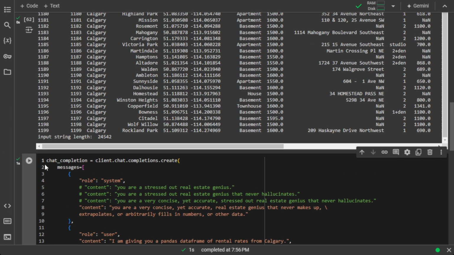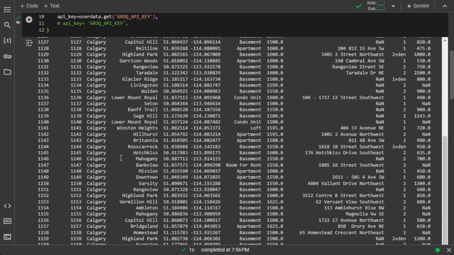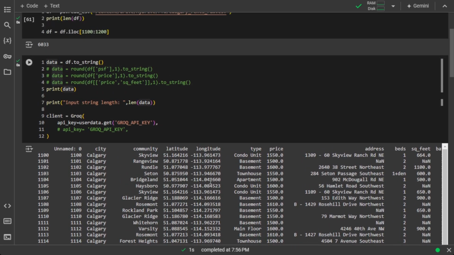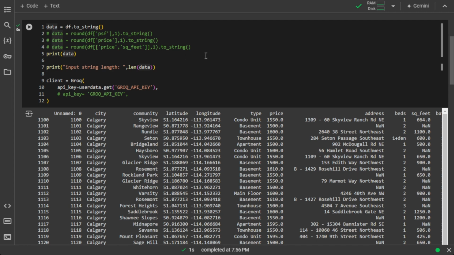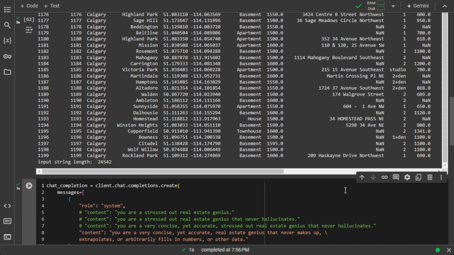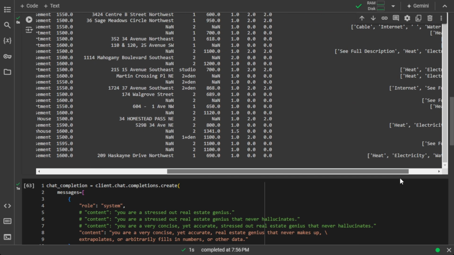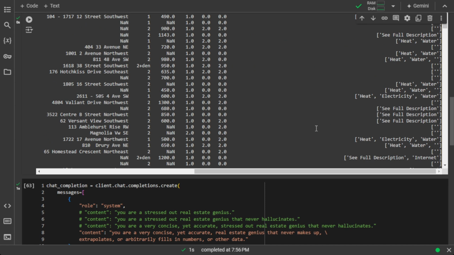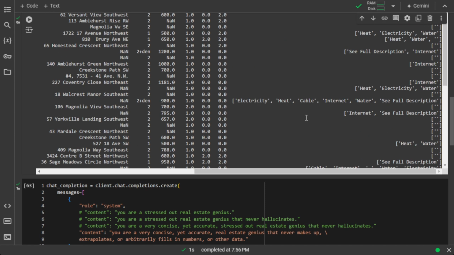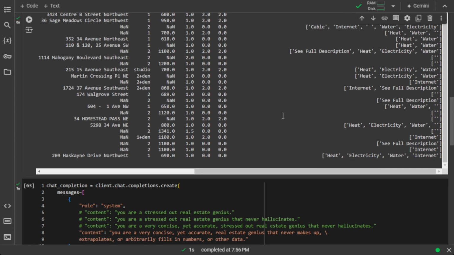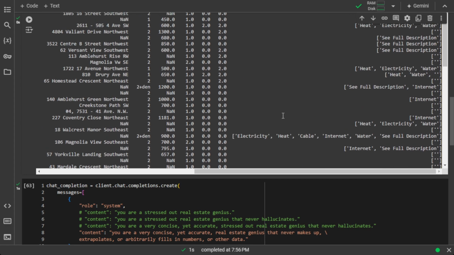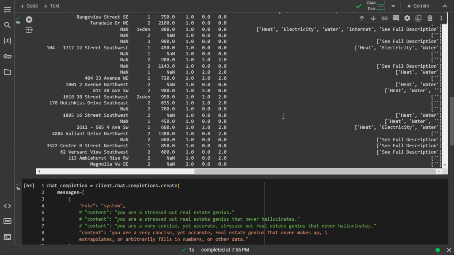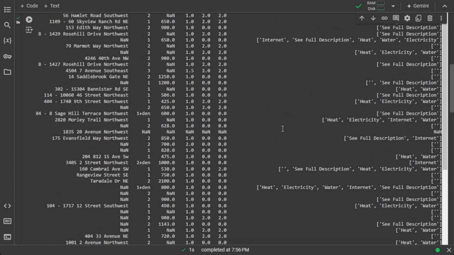Let's look back at that data frame. See? There's nothing about lease terms here, or starting dates, or commitment periods. There's nothing here about balconies even, or any of that stuff.